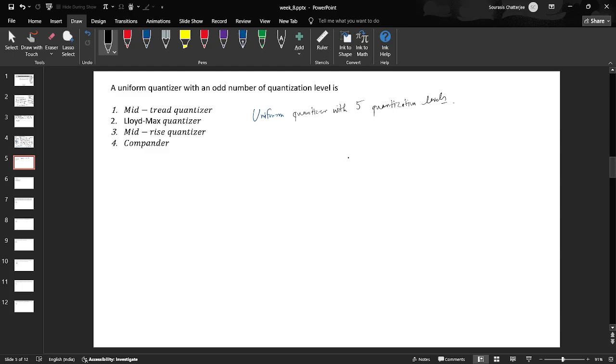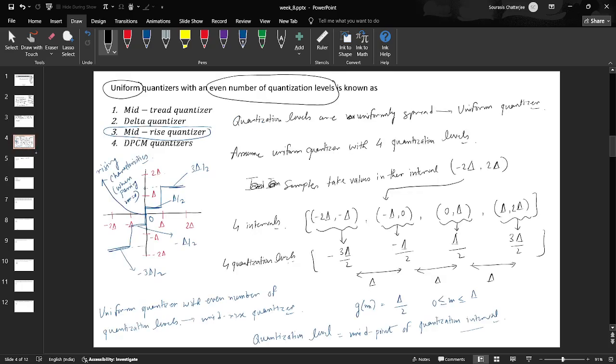So what do you actually do here? Let us pick 5 intervals. Similar to the even number of quantization levels, what we consider here is that samples take value in this interval.